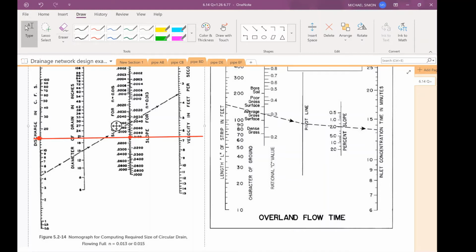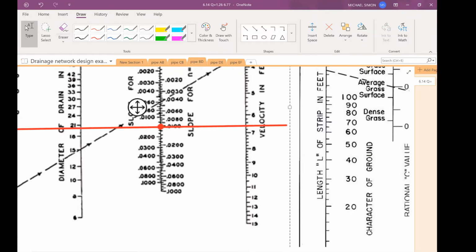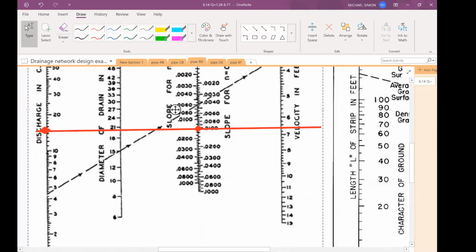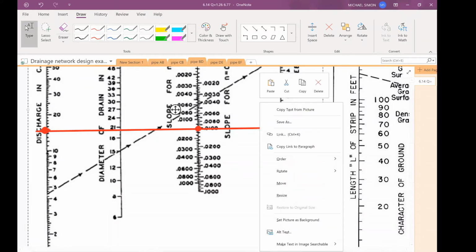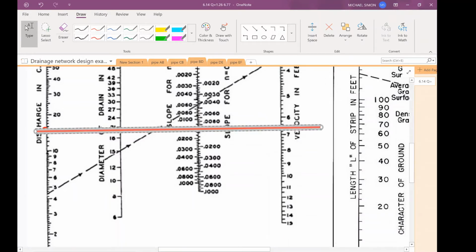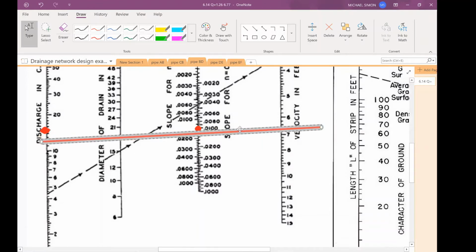All right, so anyway, we don't have a perfect solution here. So 18 inch or 21 inch, which is better to go with? Well, let's look at our options here. If I go with the 18 inch, and I go with a slope of 0.1, my velocity, that looks great.